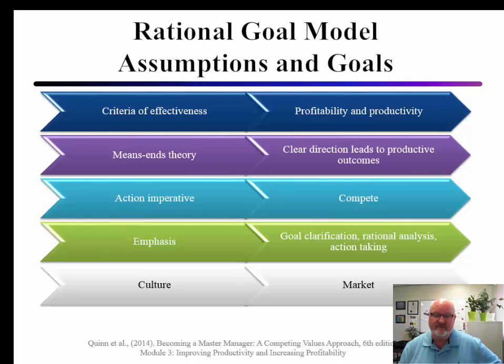What's important to this model and the way that you behave as a manager is profitability and productivity. This is an important model and set of assumptions that generate profitability and productivity in an organization. The means ends theory is clear direction leads to productive outcomes. The action imperative is to compete, and the emphasis is on goal clarification, rational analysis, action taking.